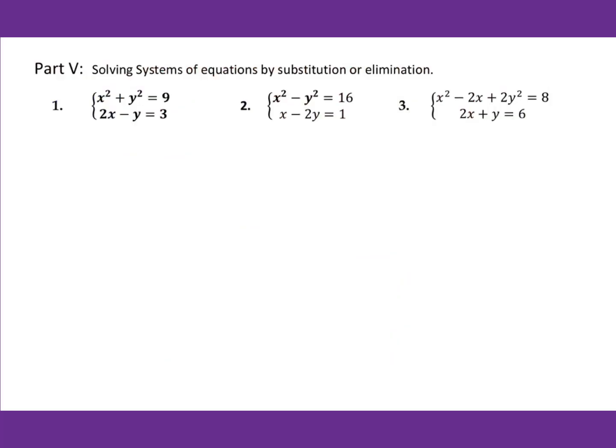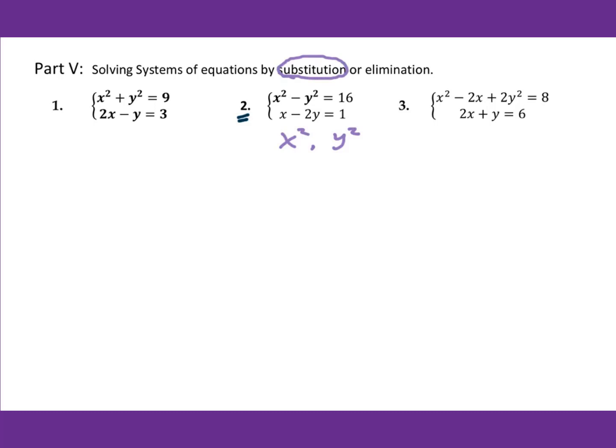Now let's take some questions. For example, number 2. First of all, you need to decide which is better, substitution or elimination. Since for the second equation, we don't have x squared or y squared, therefore, definitely we have to use substitution.